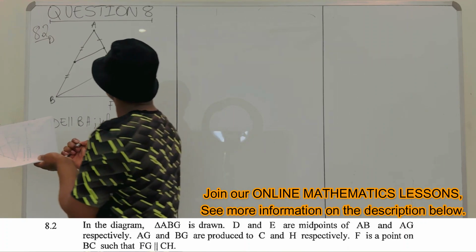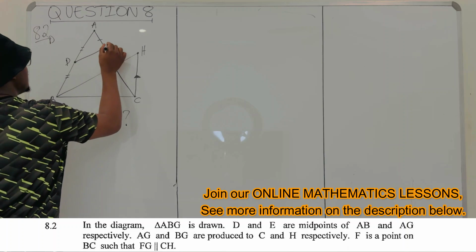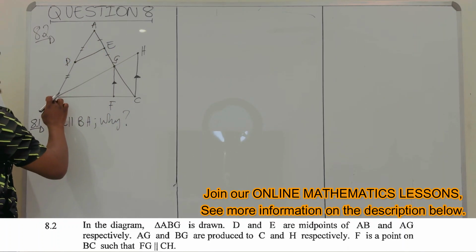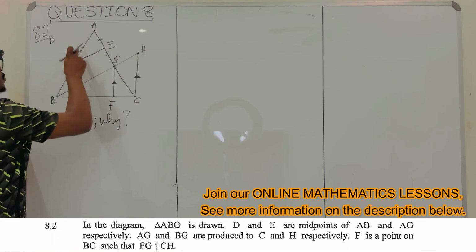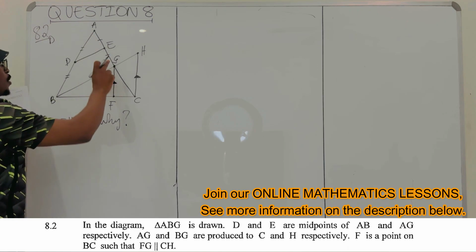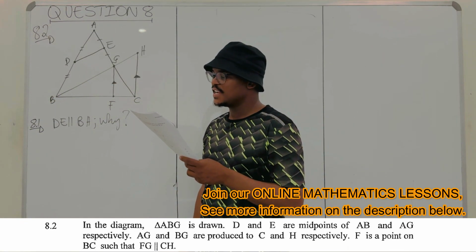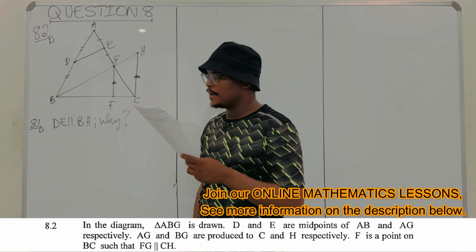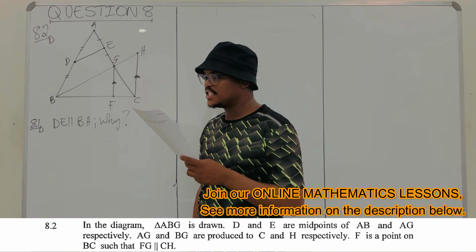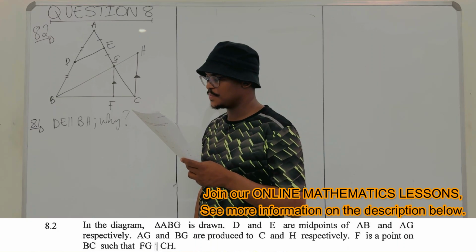They went on to say D and E are midpoints of AB and AG respectively. So D is a midpoint of AB and E is a midpoint of AG, as you can see over there. Now, AG and BG are produced to C and H respectively.